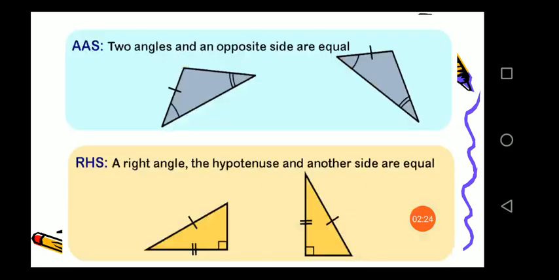Fourth, AAS, two angles and one side are equal. And RHS, in a right angle triangle, the hypotenuse and one of the other sides are equal, then the triangles are said to be congruent. So here we have 5 criteria for congruency of triangles.